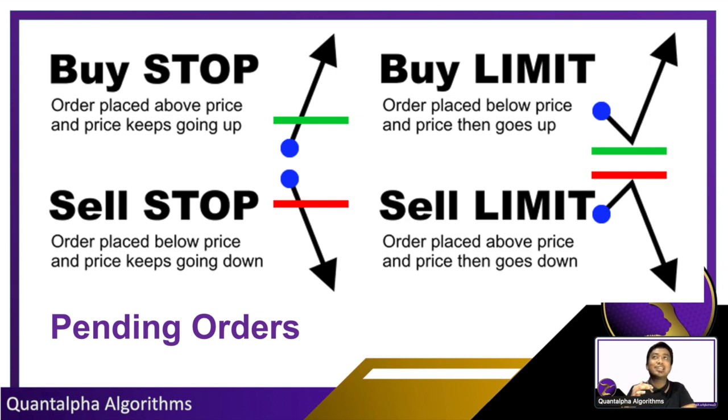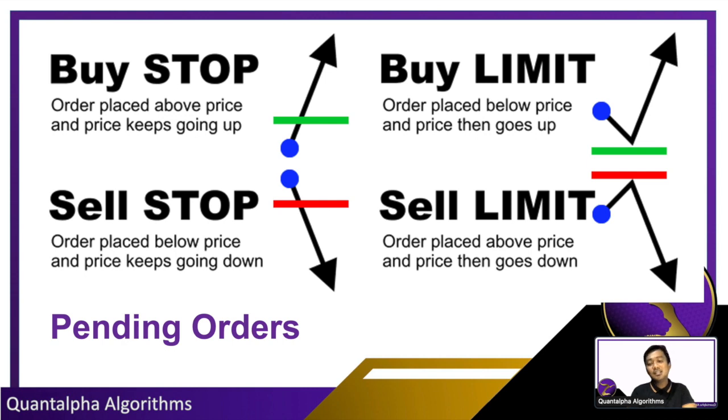That's the reason for calling this order a sell stop. You're going to place your order below the current price, because when it goes down, you are now sure that it really goes down.